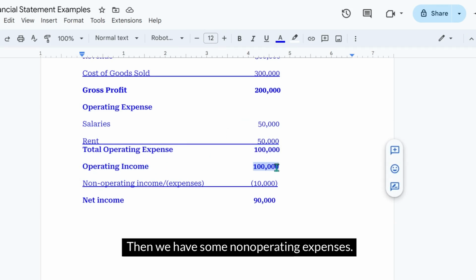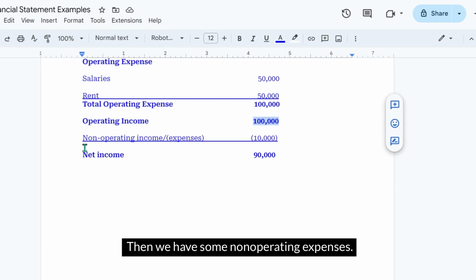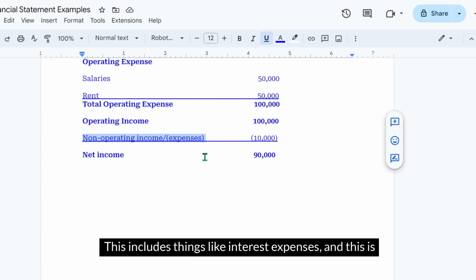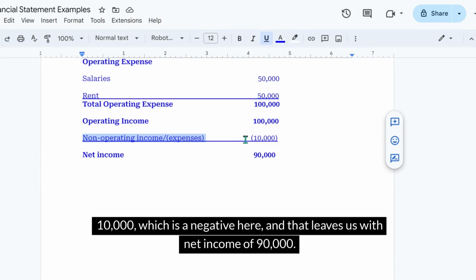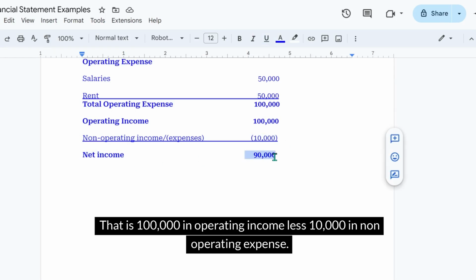Then we have some non-operating expenses. This includes things like interest expenses, and this is 10,000, which is a negative here, and that leaves us with net income of 90,000. That is 100,000 in operating income less 10,000 in non-operating expense.